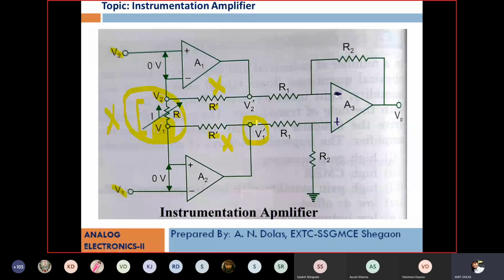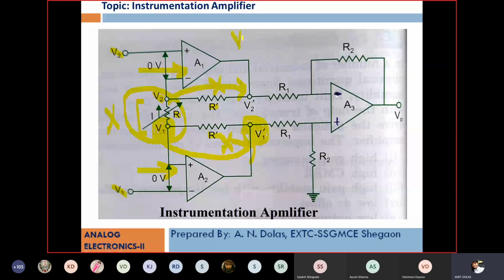के अपोजिट साइड में भी सेम वोल्टेज रहेगा. If I say there is no current passing into, क्योंकि ऑप एम्प के टर्मिनल में तो कोई करंट जाता नहीं या आता नहीं due to high input impedance that we already studied for ideal op amp. So as there is no current into R dash, V1 will be reflected here, V1 dash के जगह पे, and V2 will be reflected here at the place of V2 dash.